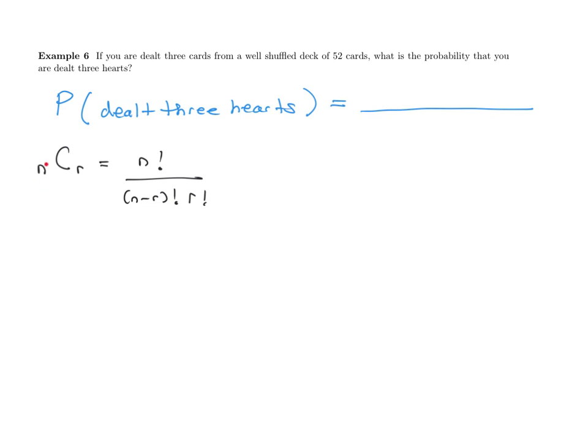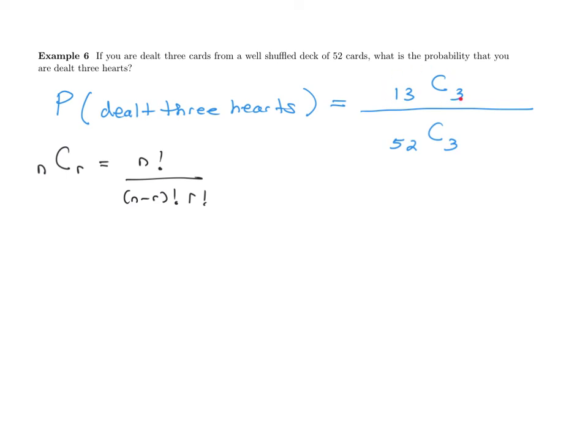Well, there are 13 hearts and you want 3 of them. So within the numerator, we want 13 choose 3. What is the total number of 3 card hands? Well, this is not just from the hearts, but this is from all suits. And for this reason, that is 52 choose 3. It is this fraction that we'd like to simplify.